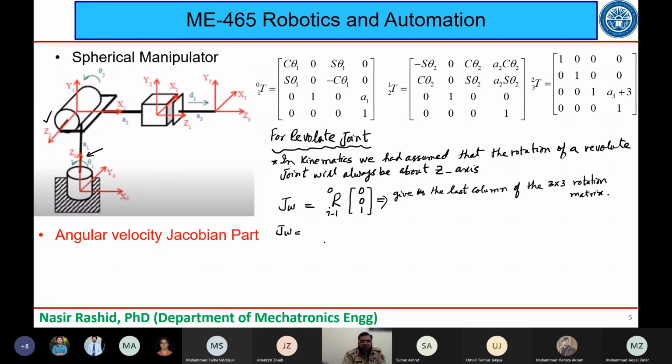So if i is equal to 1, तो जो पहला कॉलम मैं बनाने लगा हूँ रेवोलूट जॉइंट के लिए JW का, so that will be the first column: R0 with respect to 0 multiplied by 0, 0, 1.